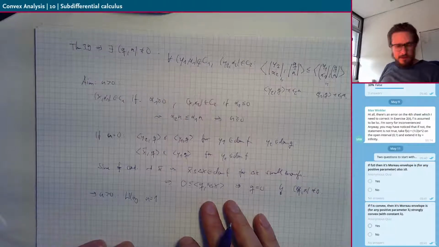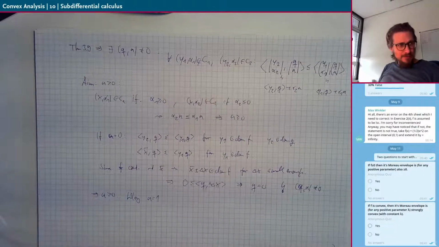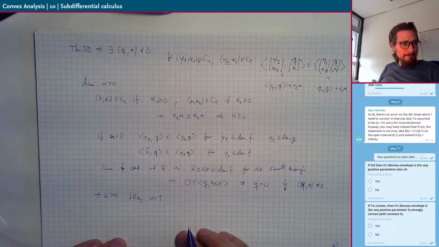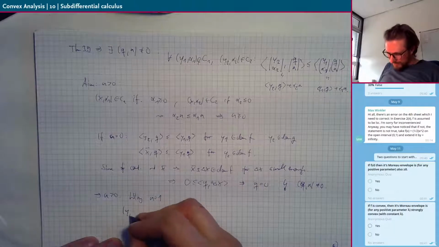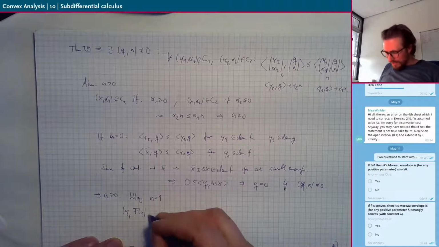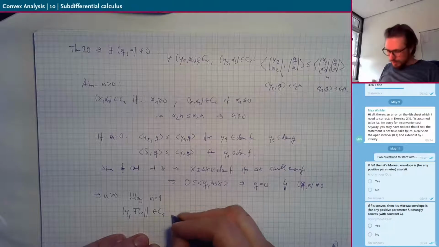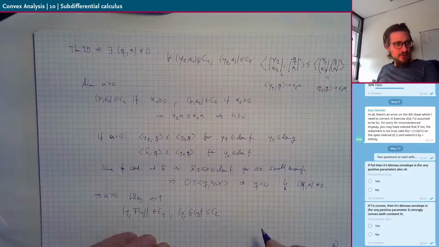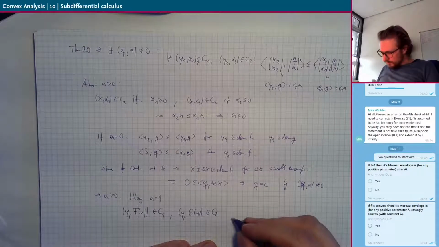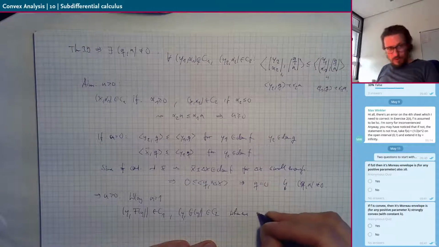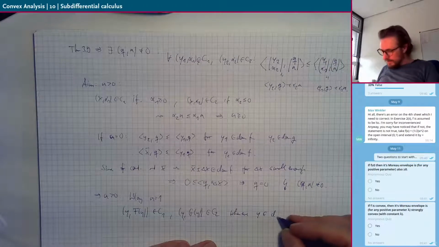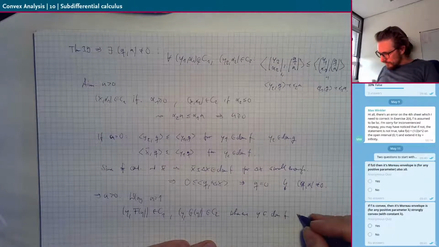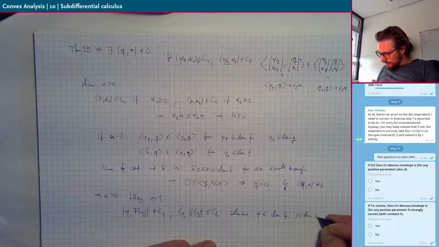So how do you proceed? Now we need to construct the subgradients, and this is not that far away anymore. So we have that these tuples (y, F of y) are in C1, and (y, G of y) are in C2, whenever y is in the domain of f or in the domain of G respectively.